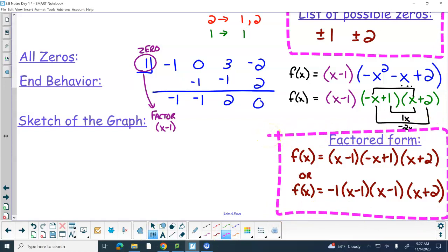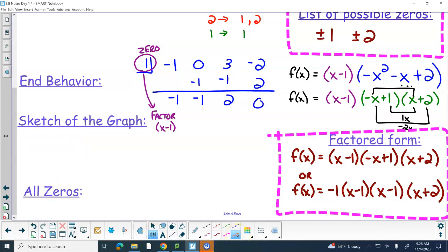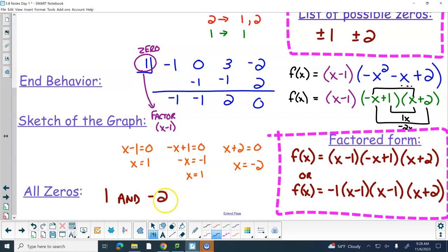Okay? Then we could find all of our zeros by setting our factors equal to 0. So all of my zeros are, I've got 2 positive 1s, which I only need to write down once.